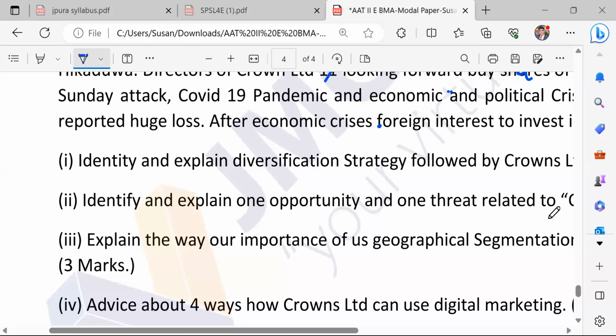Originally they are tour operators, and now they are starting tourist hotels, 5-star hotels, that is also related to tourism. Buying shares of an airline is also related to tourism, and the air ticketing company is also related to tourism.